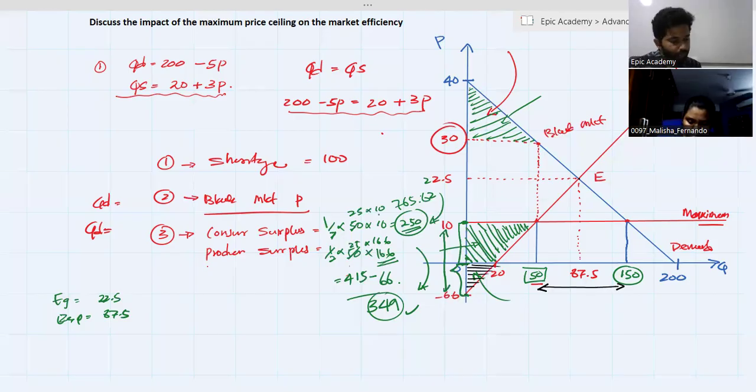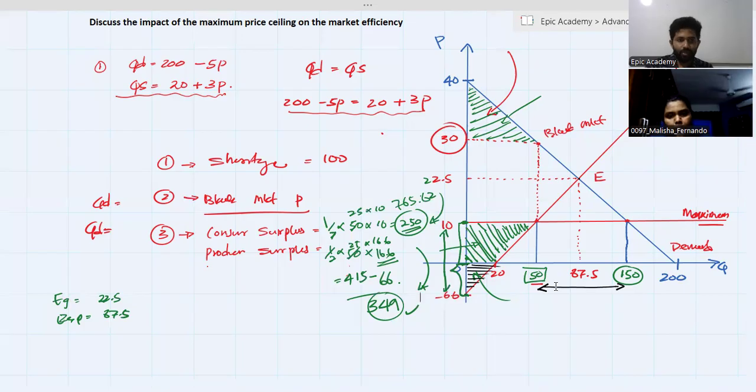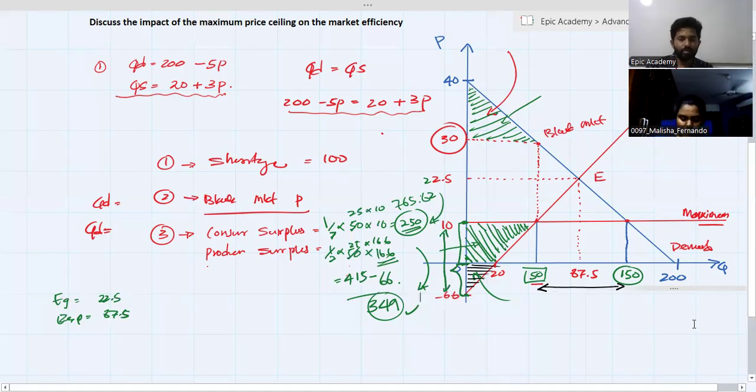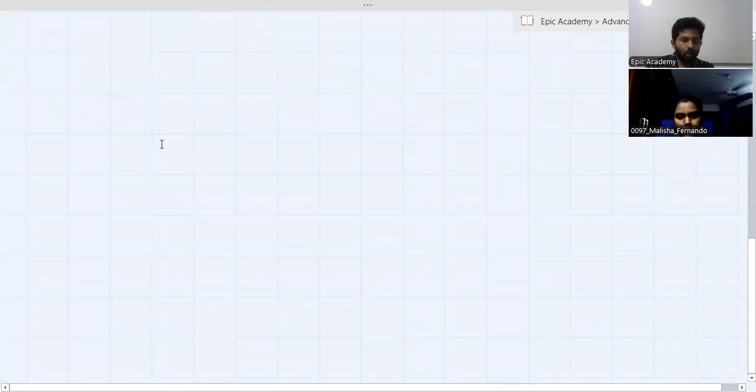Now we can move to the tax calculations. I will cover the minimum price also by using a calculation, don't worry about that. Now let's move to the tax calculation. I mean, government impose taxes on exchanging goods and services.